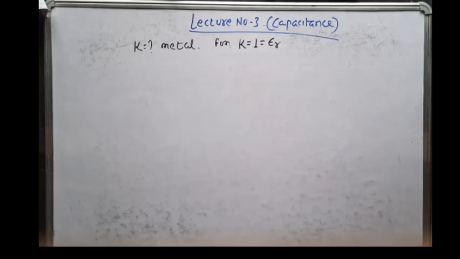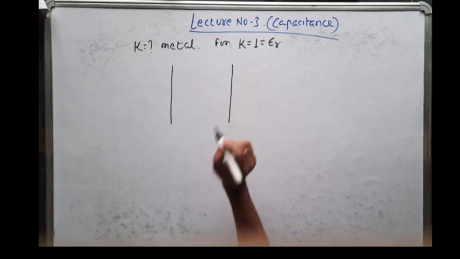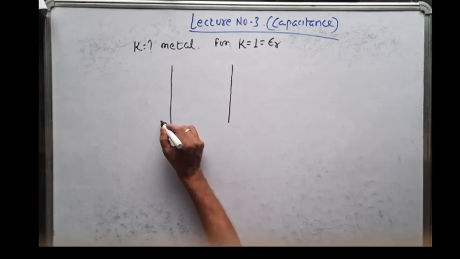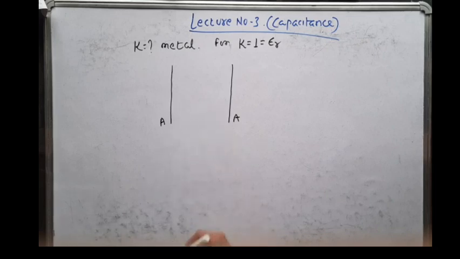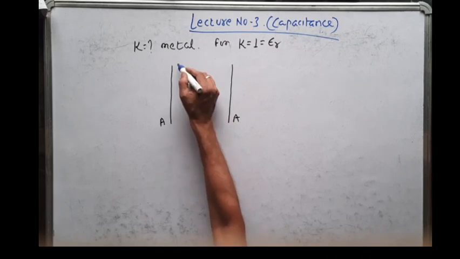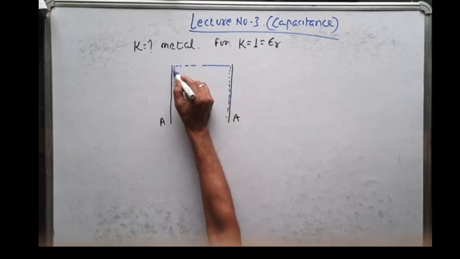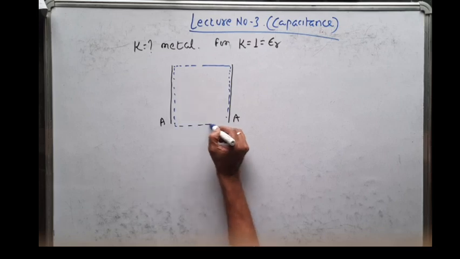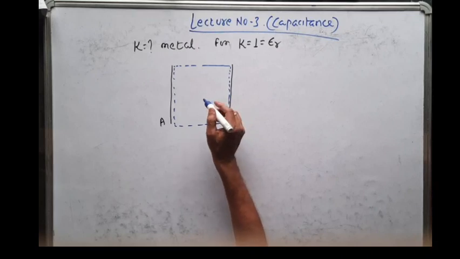Suppose this is a capacitor. Let us say the area of the plate is A, and in between these two plates, instead of a dielectric medium, I will keep a metallic sheet.